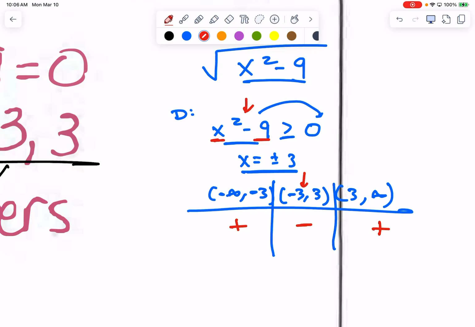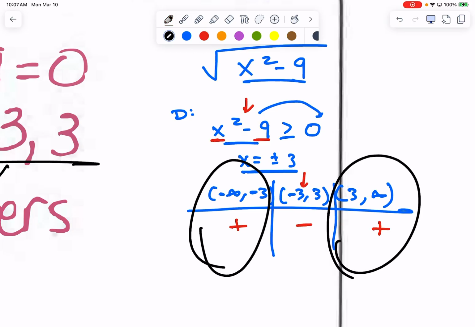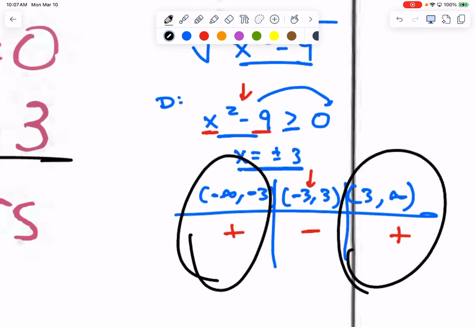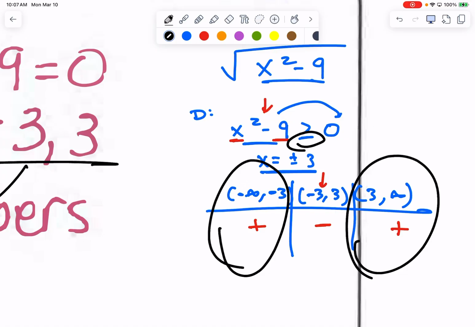Both up. So look at the ends of your sign analysis. Aren't they both positive? And then you know it alternates. So you can do it that way if you don't want to do a test value. So then the domain for this function is this. Well, my critical values, negative 3 and 3, are included because I'm allowed to be what? So my domain is actually negative infinity to negative 3 included, union 3 to infinity.